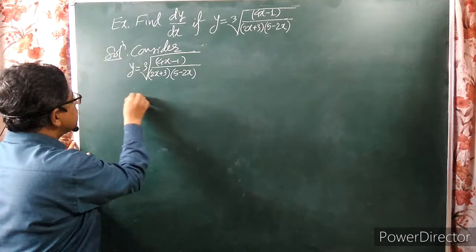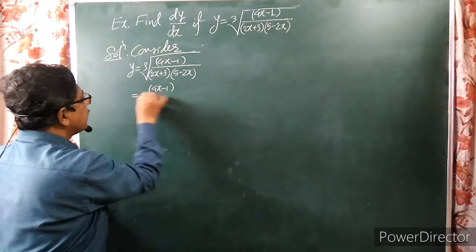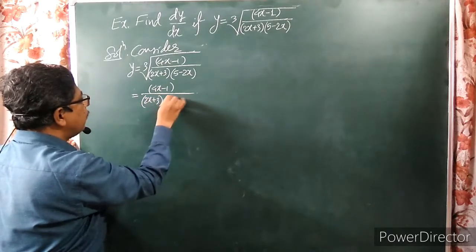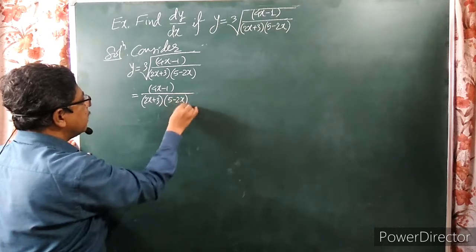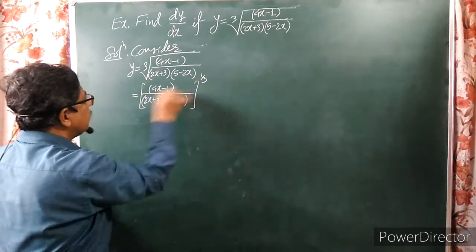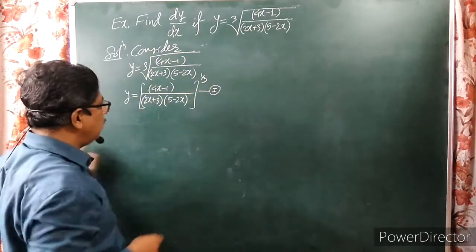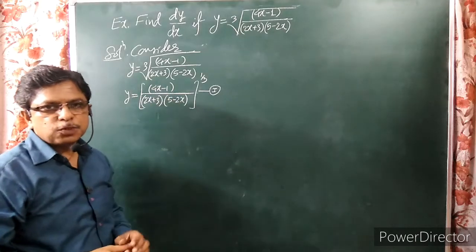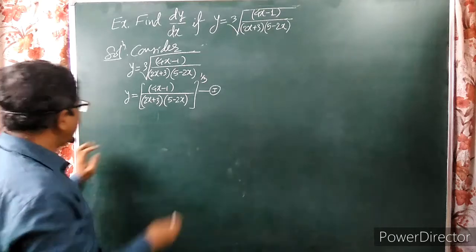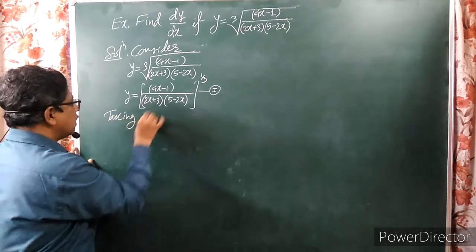We may write this as 4x minus 1 numerator as it is, denominator 2x plus 3 keep as it is, into 5 minus 2x keep as it is, and now it is whole bracket raised to 1 by 3. So this is the form of expressing the exponent. तुम्ही जे शाळेमध्ये 8वी 9वीत शिकलात ते वापरलं. And now we'll go for logarithm, taking log on both sides.